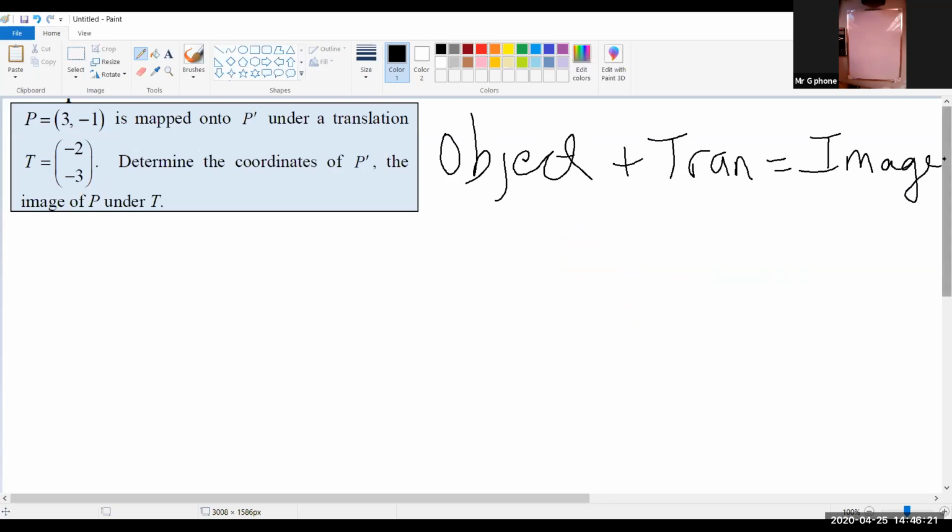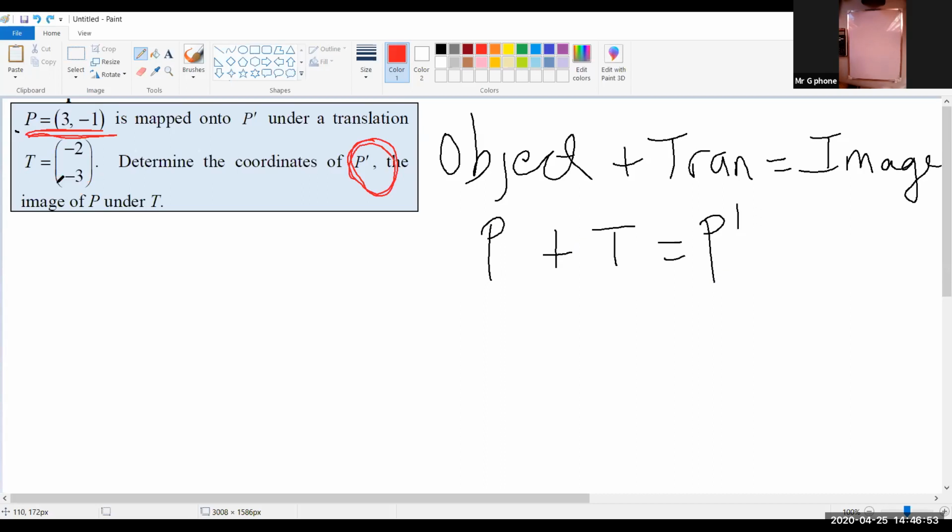Our object is P plus our translation T is equal to our image P1. So this P1 here is our image, and T here is the translation vector.